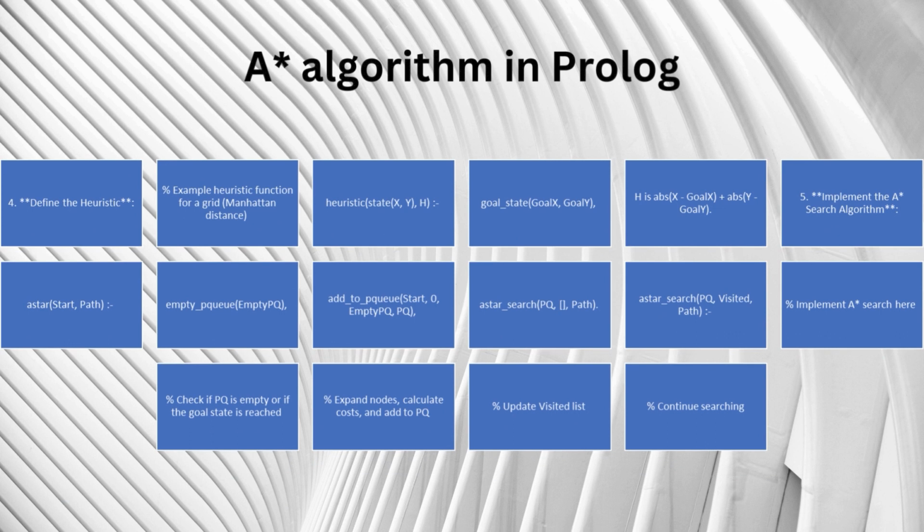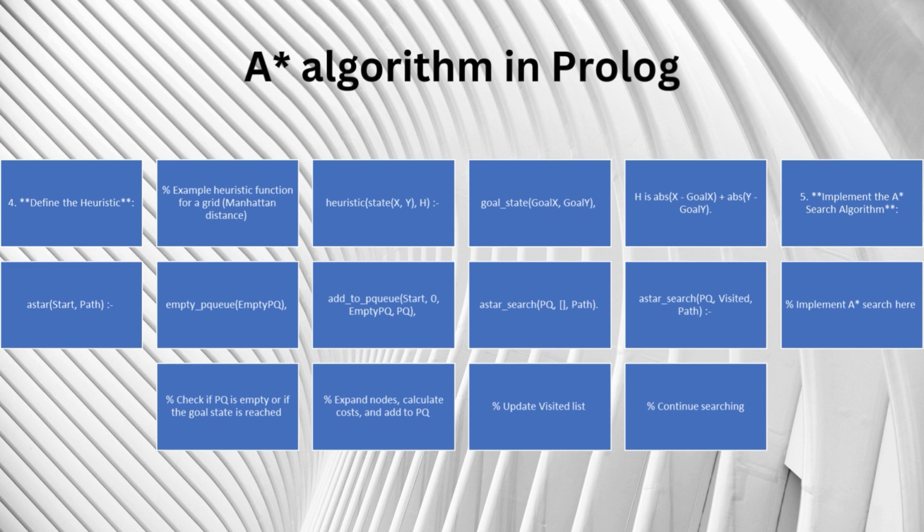In Prolog, you have to define an example heuristic function for a grid: heuristic(state(x, y), h) :- goal state goal(goal x, goal y), h is absolute(x minus goal x) plus absolute(y minus goal y).